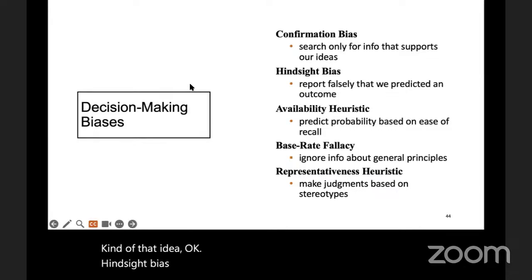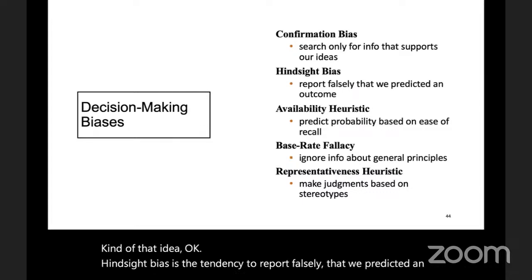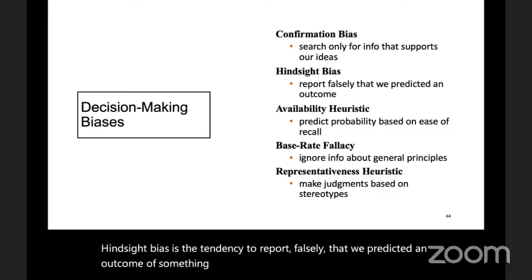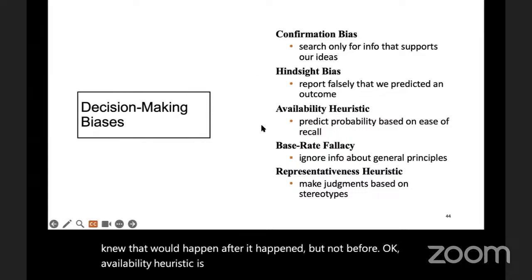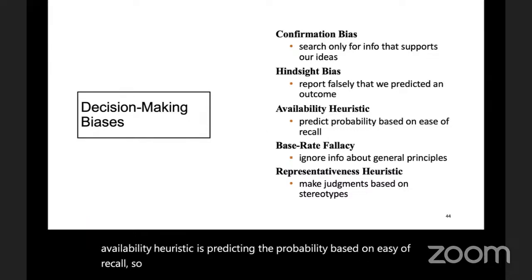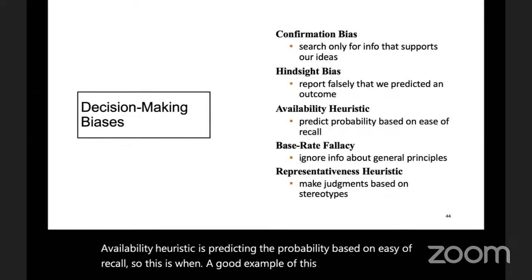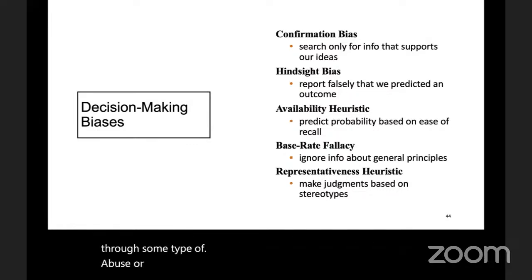Hindsight bias is the tendency to report falsely that we predicted an outcome of something. So it's when you always say, "Oh, I knew that would happen," after it happened, but not before. Availability heuristic is predicting the probability based on ease of recall. A good example of this is people who go through some type of abuse or relationship abuse.